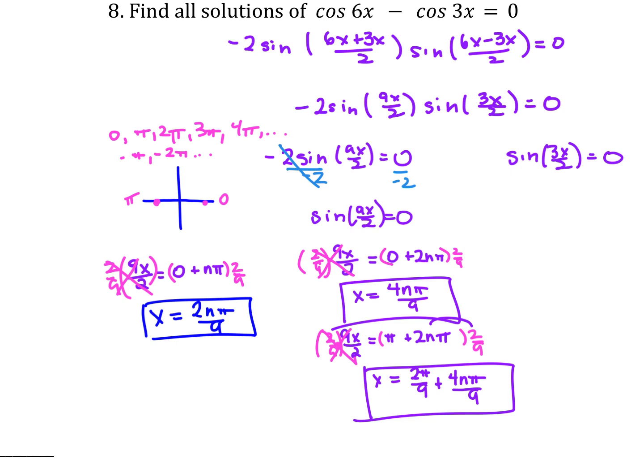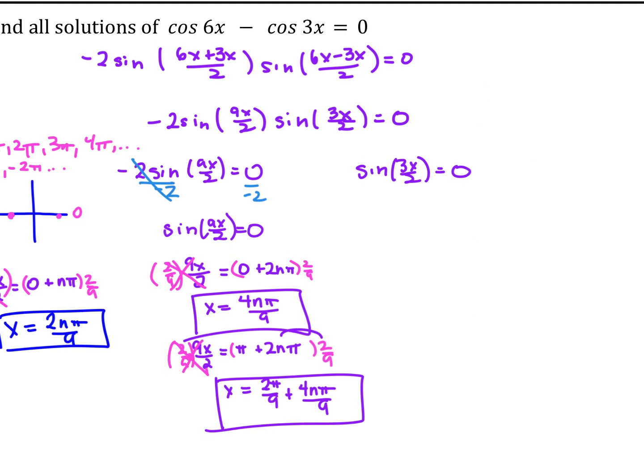The same could be done for sine of 3x over 2 equals 0. Let me write it out. We have 3x over 2 equals 0 plus 2n pi, and then 3x over 2 equals pi plus 2n pi. Again to solve, we multiply by the reciprocal to both terms, so x equals 4n pi over 3.